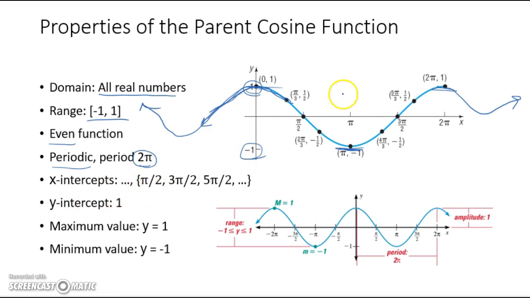It has infinitely many x-intercepts, but instead of at intervals of pi along the x-axis, they happen at intervals of pi over 2 along that x-axis. There is only one y-intercept, and that is this point right here. It only crosses the y-axis in one point. Again, the maximum value is 1, the minimum value is -1. The amplitude, therefore, is 1, and the period is 2 pi.